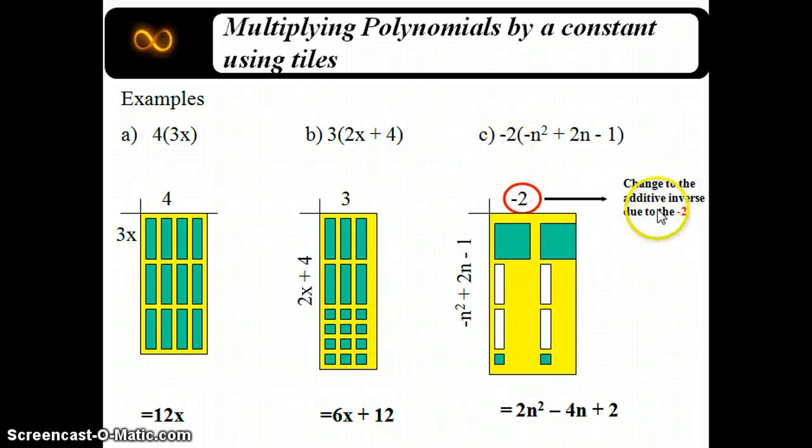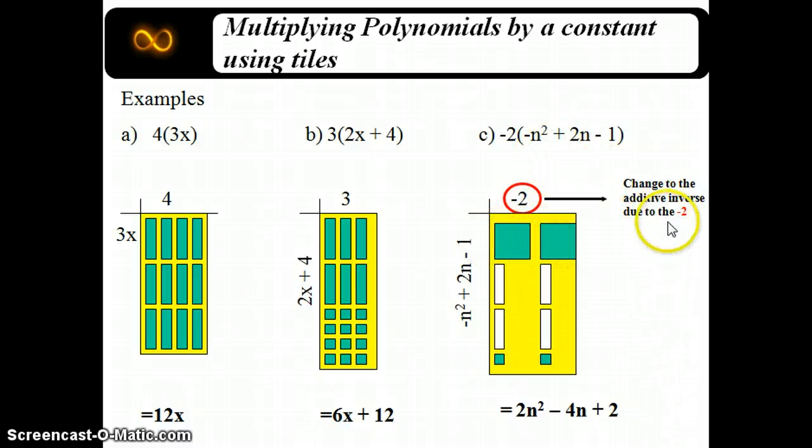And the last one is the negative 2. Now remember, because it's a negative 2, we must change the signs inside the bracket. That's called the additive inverse. So we are going to change these signs, and we will have 2 groups of minus 2n, or n squared plus 2n minus 1. But because of the additive inverse, instead of the negative n squared, these are positive n squares.